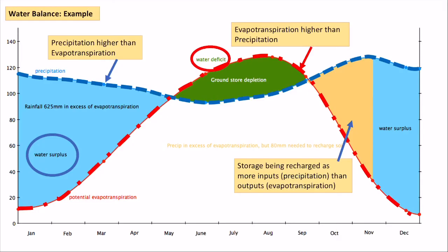So again, in this period afterwards, we can see the blue line is above the red line, and therefore we're getting more inputs from the precipitation than the outputs. But because we've had that ground store depleted, it takes a while for it to recharge, fill up again, a bit like a water bottle being filled up, and then after that we can have surplus on top of that. So this shows you an example of the water balance working across a year in an actual location.